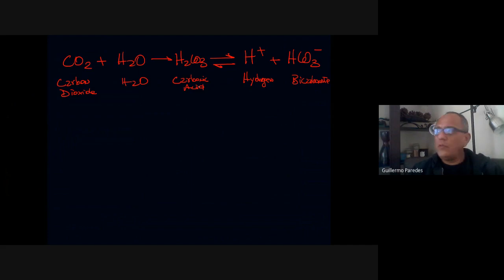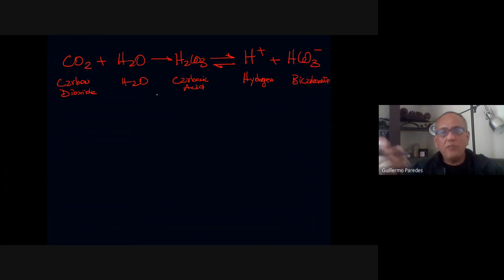So you can do this experiment at home. When you exhale carbon dioxide, if you put a glass of water and put a straw and blow through the straw, you will see that the water starts to change color. It's going to be more cloudy.